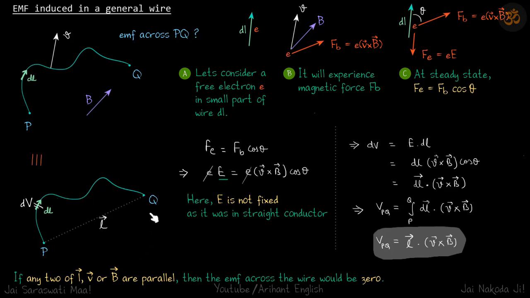If I take another wire which is of different shape, but the ends are still at P and Q, and if I take a third wire of a different shape, all those wires, if they are moving with the same velocity V, then the potential difference across both the ends will be the same in all the cases. So remember this formula. From here we can find the EMF for any conductor of any shape.